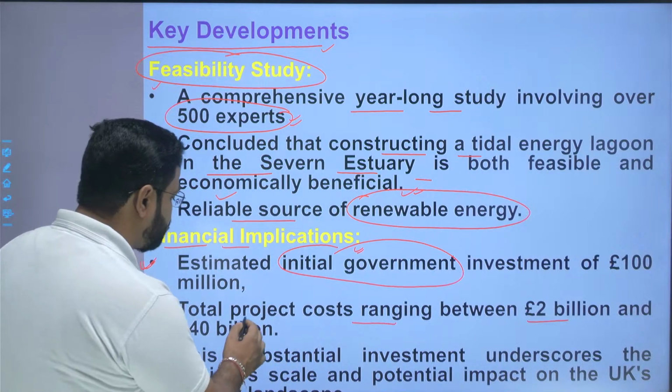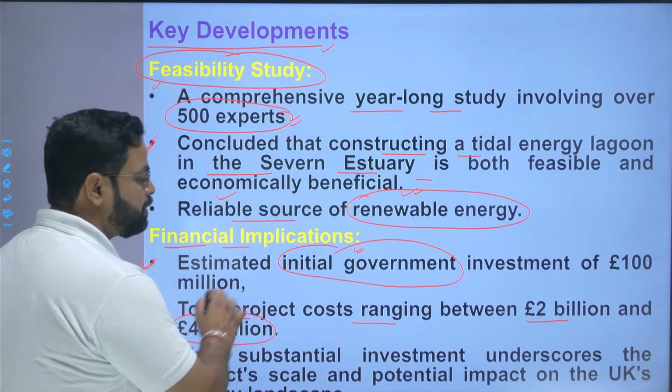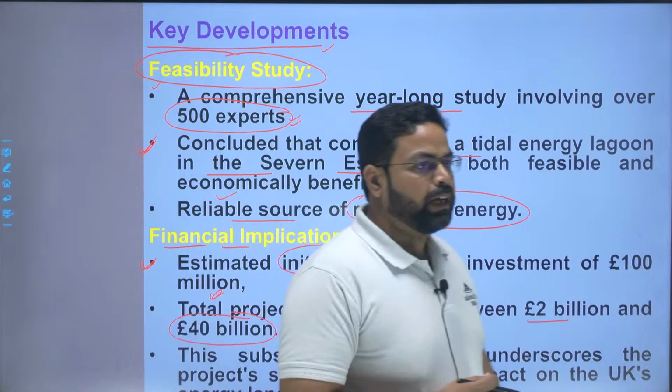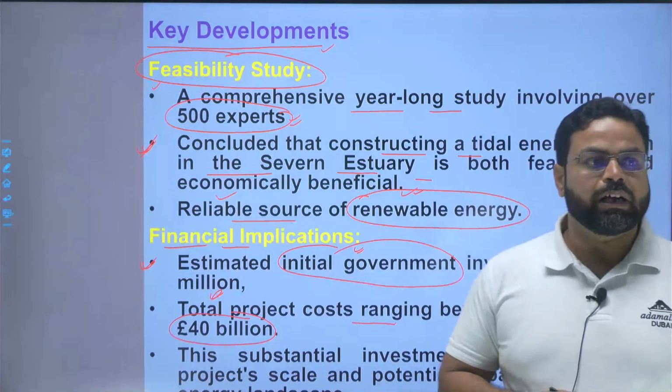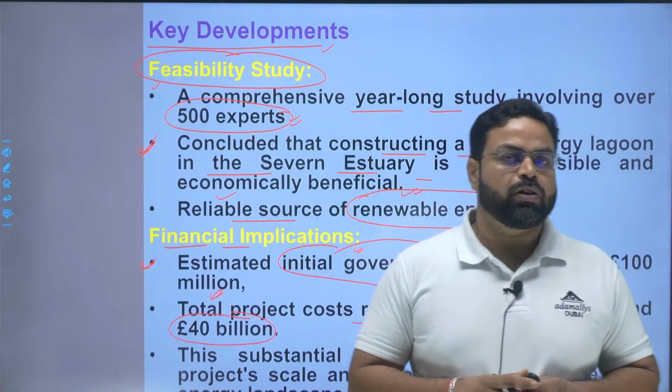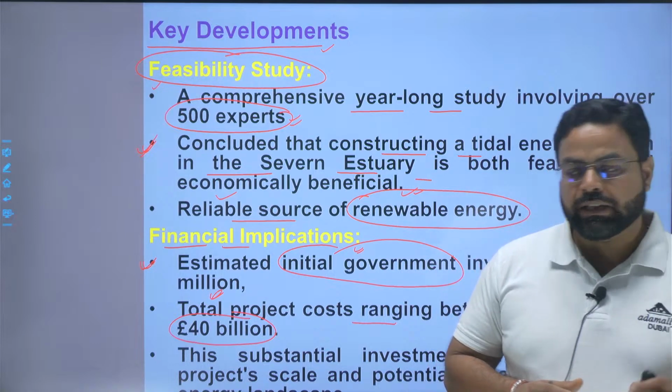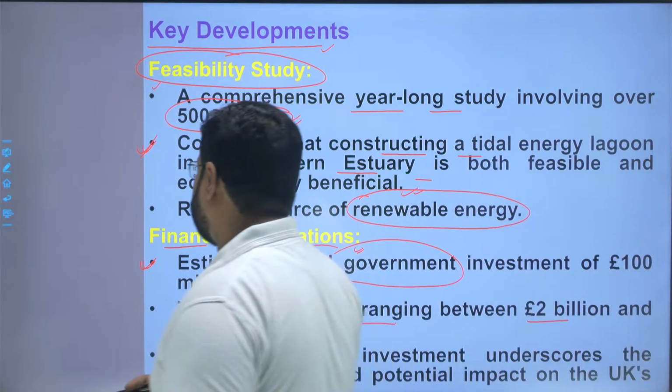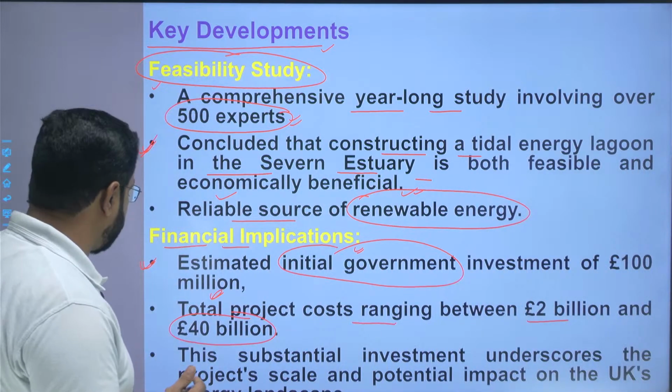So the cost overshoot, or the total project cost, will be very high. The initial cost is quite low, but the final cost is going to be a huge financial burden on the government of Britain.